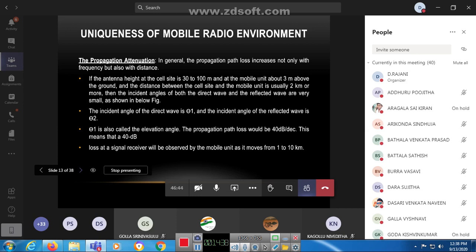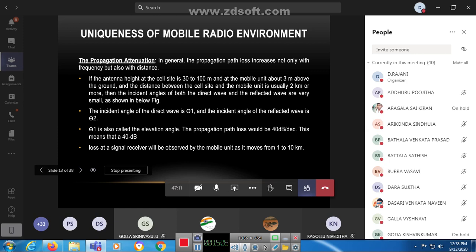Suppose we take 2 kilometers, it covers the 1 kilohertz signal. How do you consider that? By using the antennas only we know the differences. The same concept you can remember here in the uniqueness of the mobile radio environment.